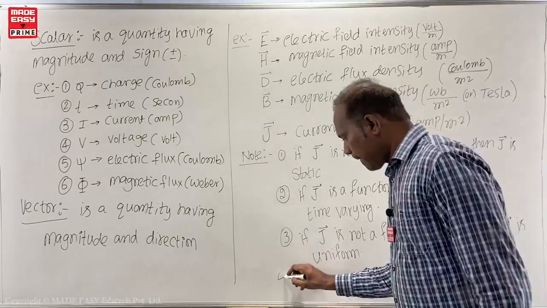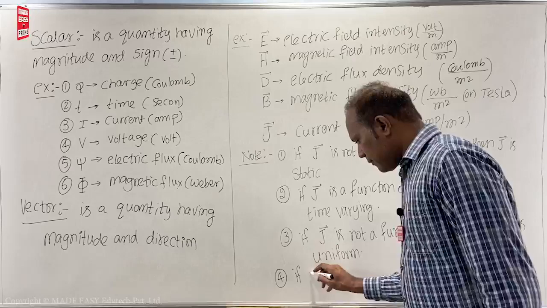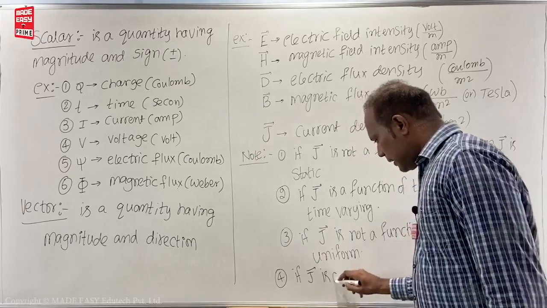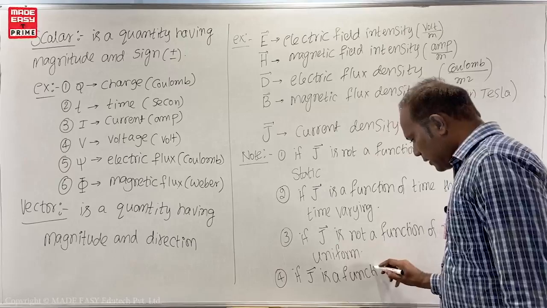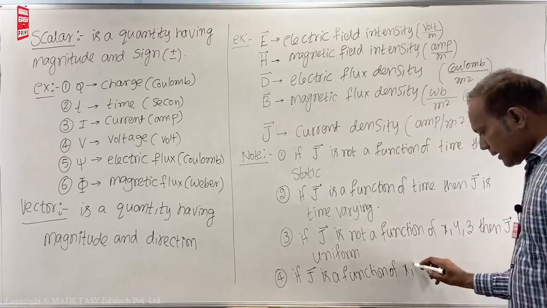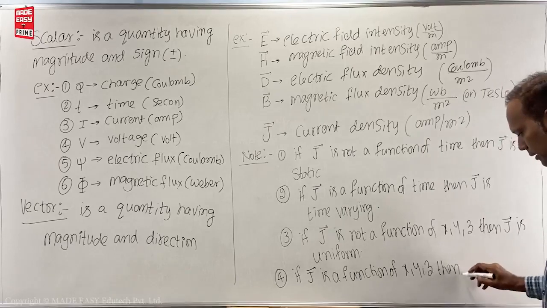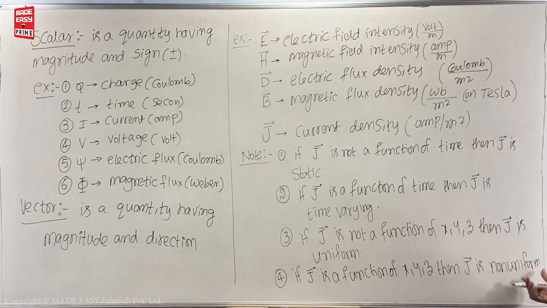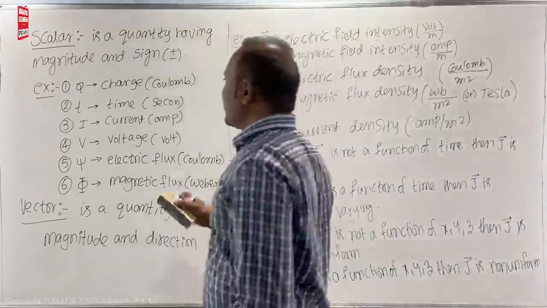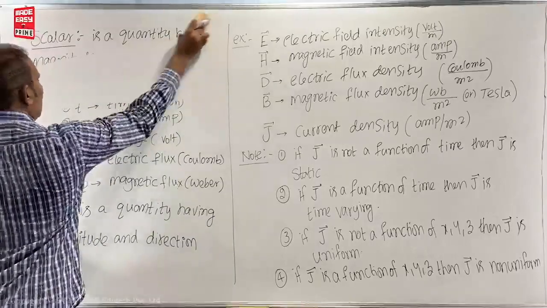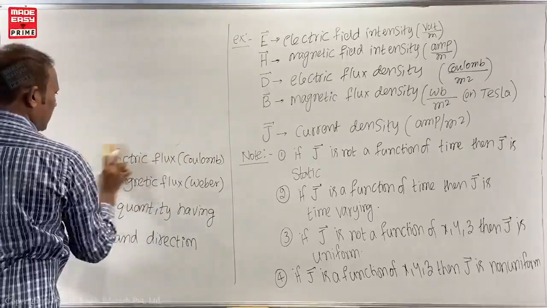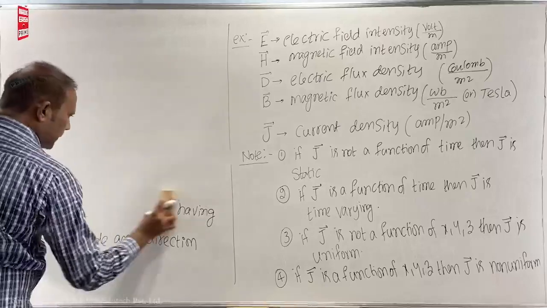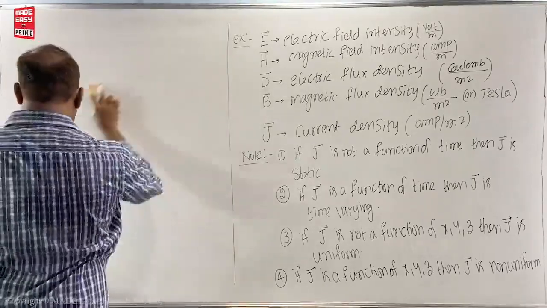So if J bar is a function of x, y, z, then J bar is non-uniform. Non-uniform means uniform means same, non-uniform means not same. That means value changes location to location. Here I will give examples now, so that you can give the names.